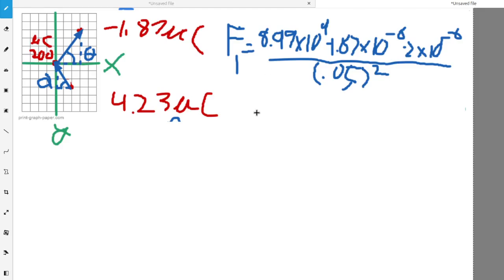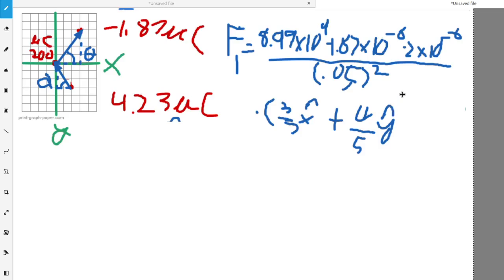I'm going to multiply this by 3/5 x hat plus 4/5 y hat.